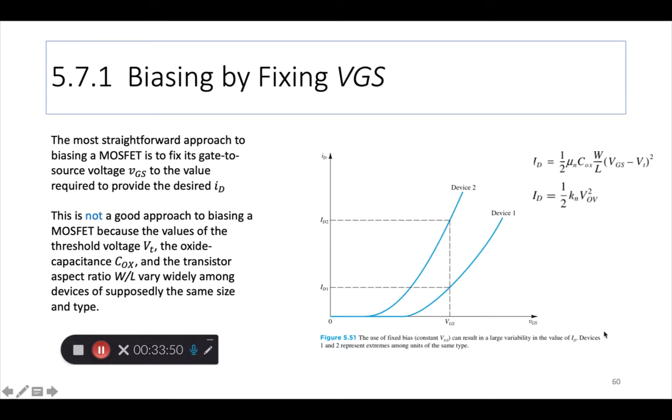This particular slide, slide 60, shows you, for example, if you pick two devices from the same family and you think, okay, I've got this VGS that I'm going to bias at, and that will give me a corresponding ID1, or the drain current. For another device, the drain current is almost 3 times as high at the same VGS, right? So to overcome this, we will look at some modified biasing circuits.